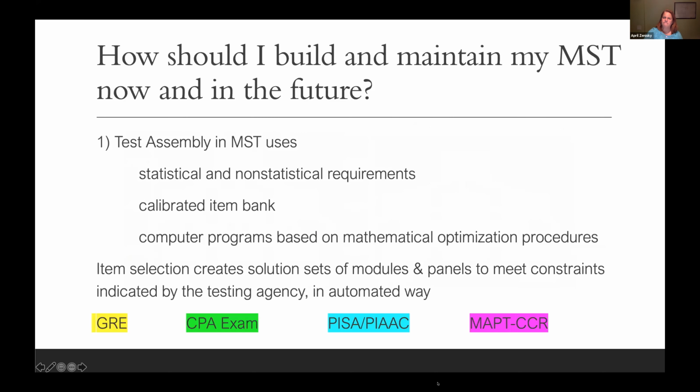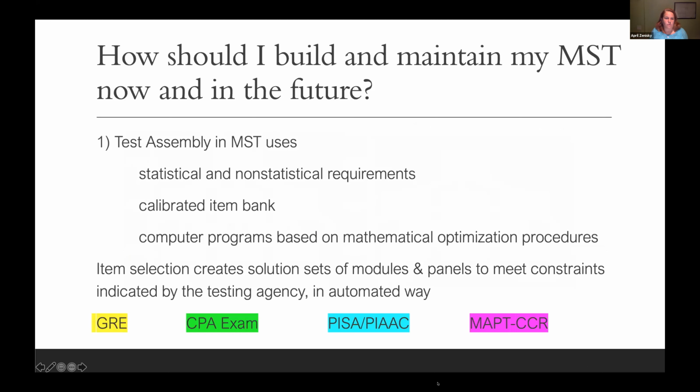Then the third framing question is, how do I build and maintain my MST now and in the future? I want to make sure my co-panelists have some time here, but it's thinking about test assembly in multi-stage testing. How do you do that? There are statistical and non-statistical requirements, and those have to be conceptualized and implemented. You have to think about your item bank and having the programs to do the optimization.